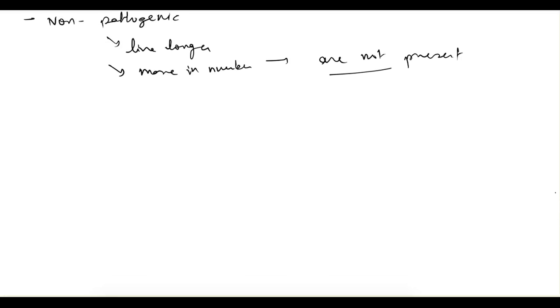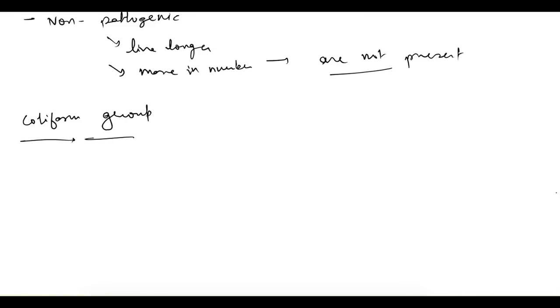Now there is one particular group of these non-pathogenic bacteria that is called the coliform group, using which we do our further tests. Sometimes in engineering services they ask for the definition, some objective from the definition part of coliform bacteria. So let's see: it is a rod shaped bacteria.